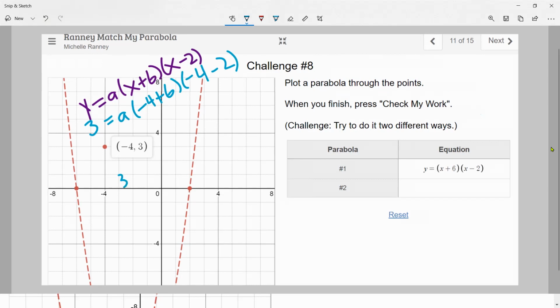And so I'm going to get 3 is equal to a times 2 times negative 6. So I get 3 is equal to negative 12a. I divide by negative 12, and I'm going to get a negative 1/4 as my a. That is my a. So I'm going to put a negative 1/4 here.